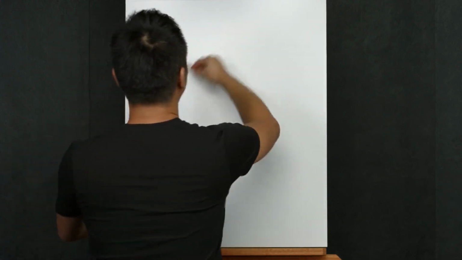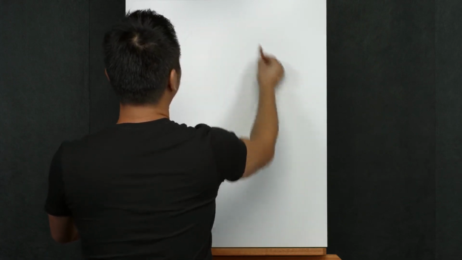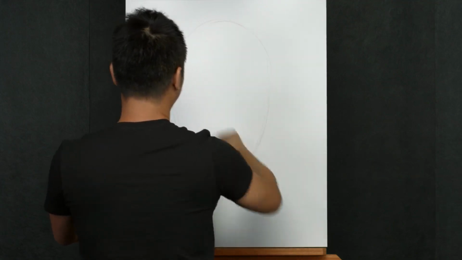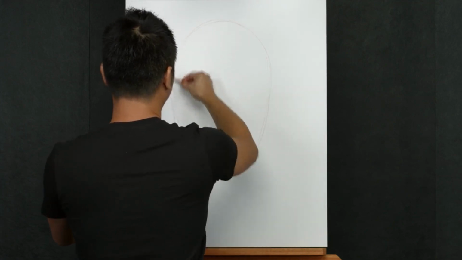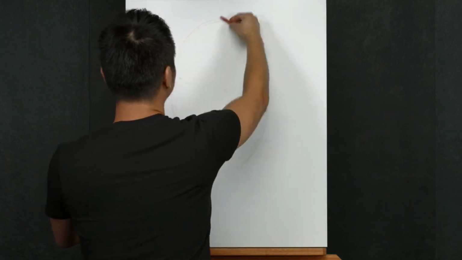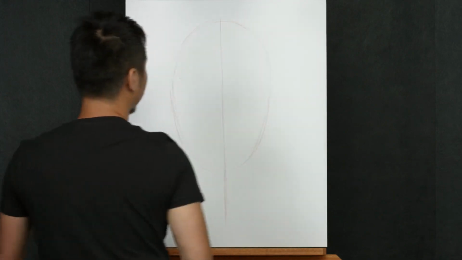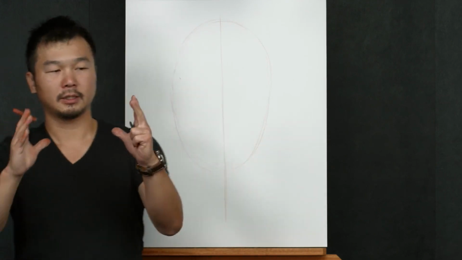So I start a head with an oval shape like this. And the next thing I want to do is make sure to put the center lines, so that helps to gauge the head.